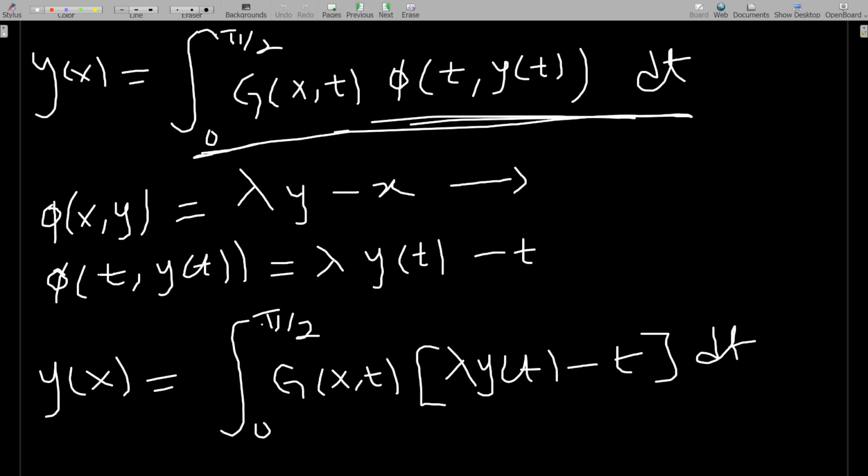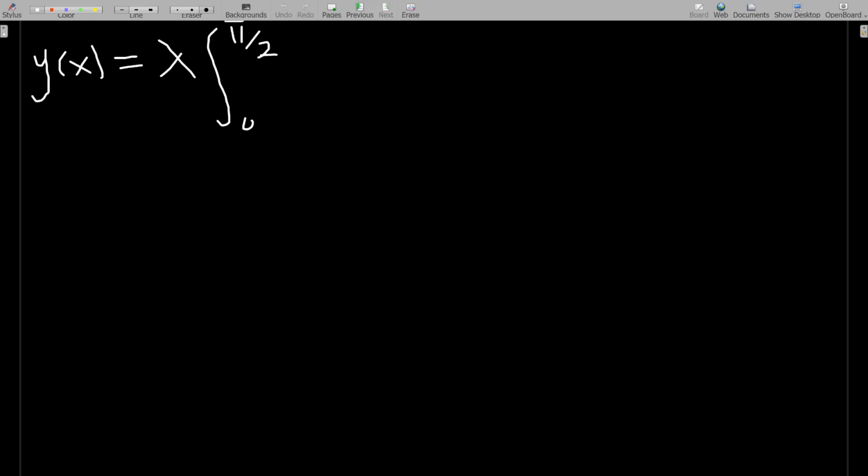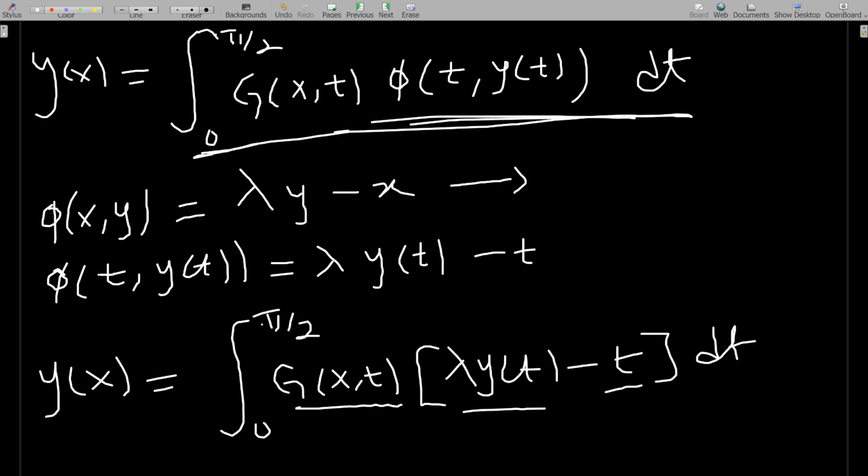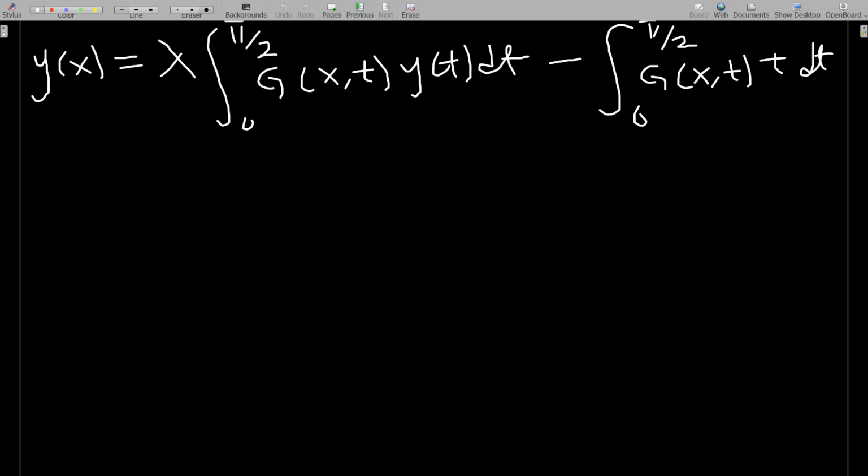I'm just multiplying this side by this g of x,t, and you get lambda g of x,t y of t dt, and lambda is a constant, so lambda can come out. Then minus the integral from 0 to pi on 2 of g of x,t then t dt. Here there's only t, so it's minus t. That is what you have.